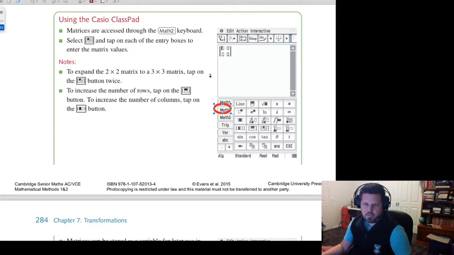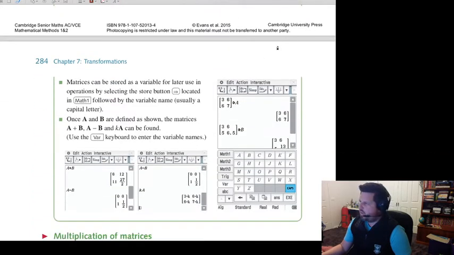Once you've got the size matrix you want, you can click in to each of the spots to type in the entries for each of the items in the matrix. Once you've done that, you can do pretty cool stuff. You can store. So this button here is the store button. I think there's a button actually on your calculator.